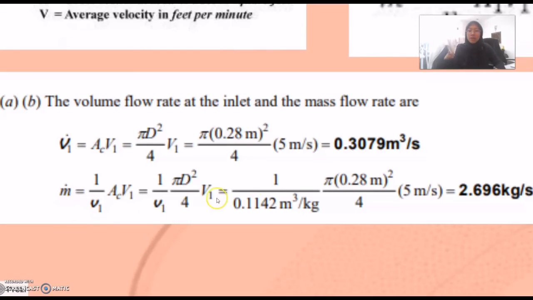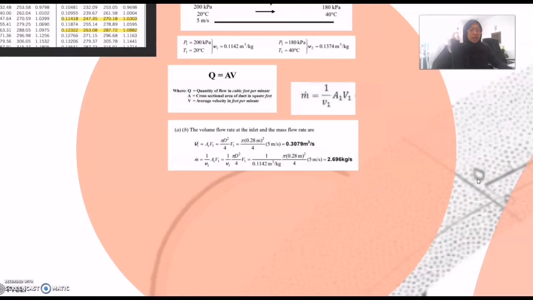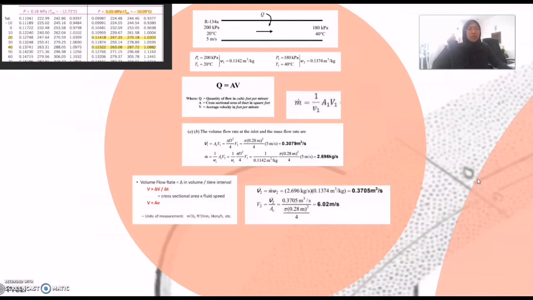We find the area, we find the specific volume, we input the velocity, which is 5 meters per second. Now we get the answer for mass flow rate: 2.696 kg per second.